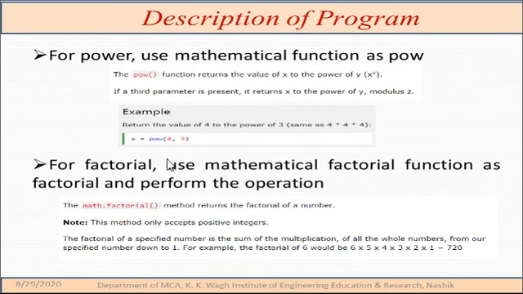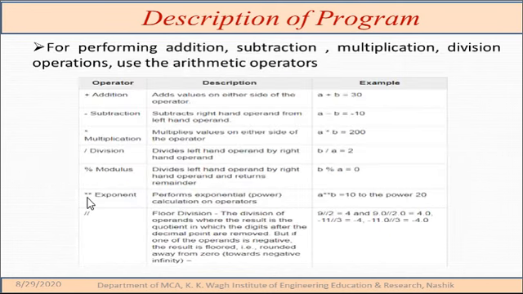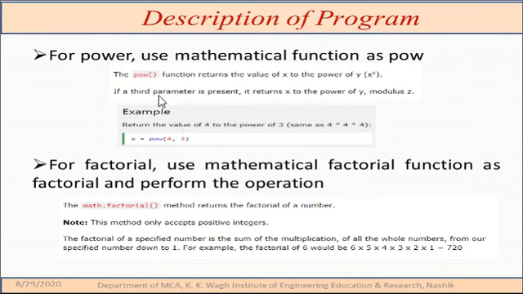As for how to use the power function, for calculating the power you can either use two multiplication signs, which help to calculate the power, or you can use the inbuilt mathematical functions. With the help of those mathematical functions you can perform the power operation.